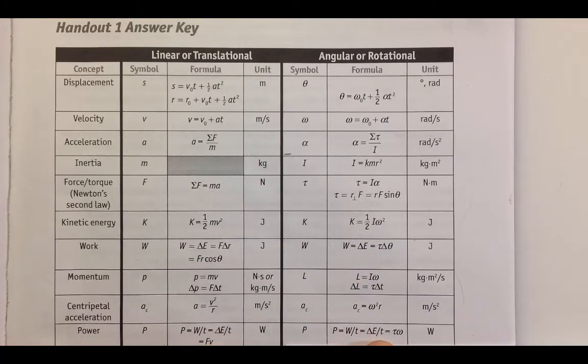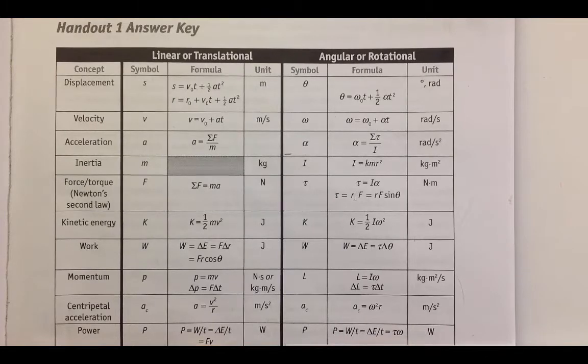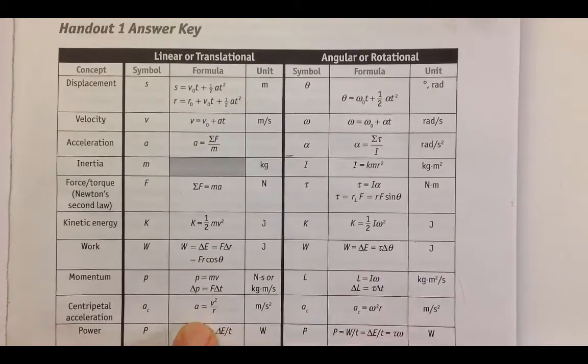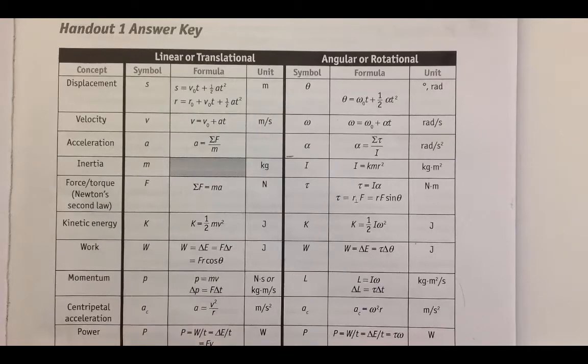Or, instead of force times velocity, think of it as torque times omega. Remember, your SI unit of power is the watt. So power is always work over time. You just have to calculate work in the rotational sense instead of the linear sense.